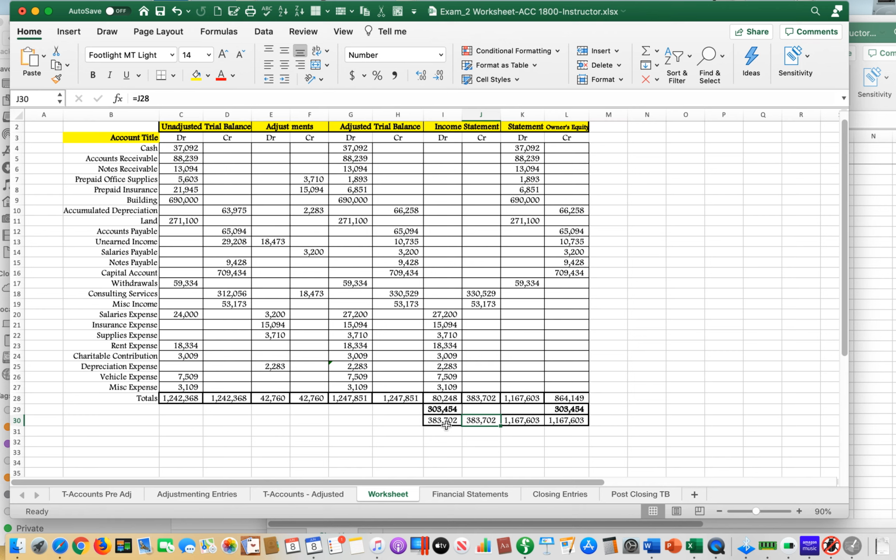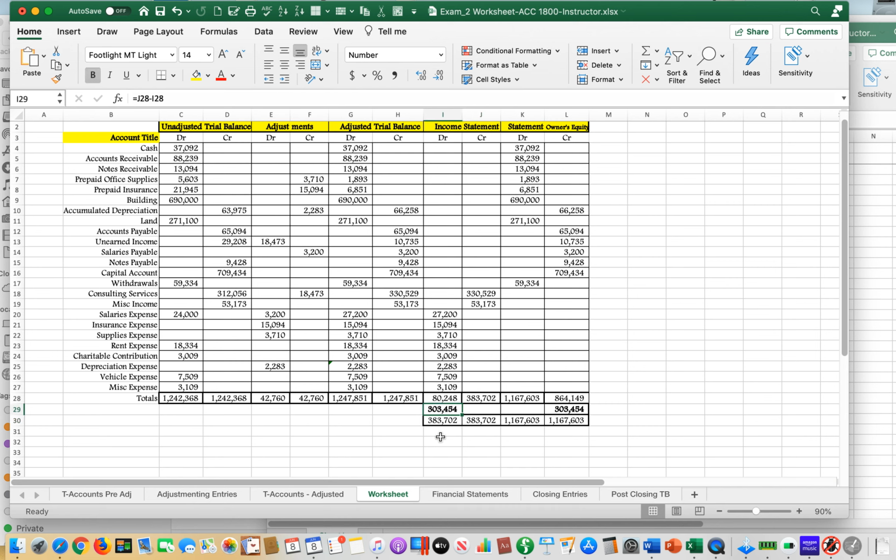Now, what does it take to go from $80,248 to get to $383,702? You subtract the difference. $303,454. If you add that to the $80,000, you're going to get the same number here. Now they balance. What does it take?